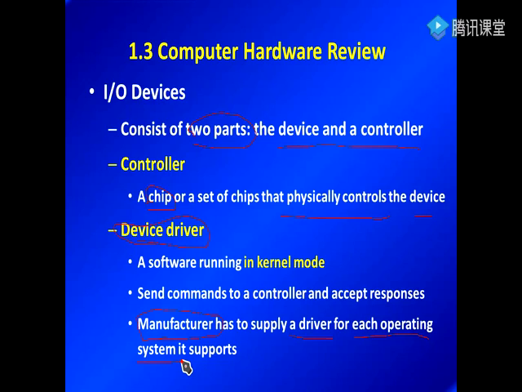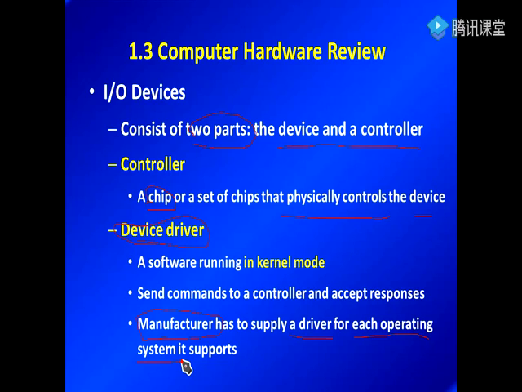So the manufacturer has to be aware of the different interfaces of different operating systems, so that each operating system can send the commands, transferred from the request of the application program, which can be understood by the driver.